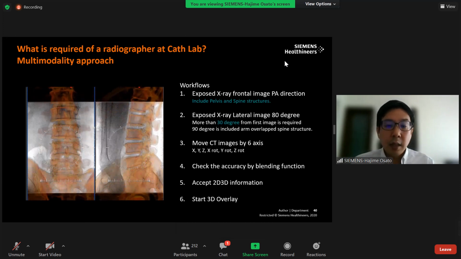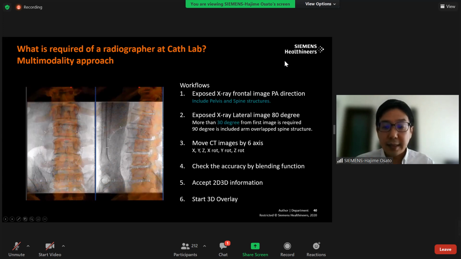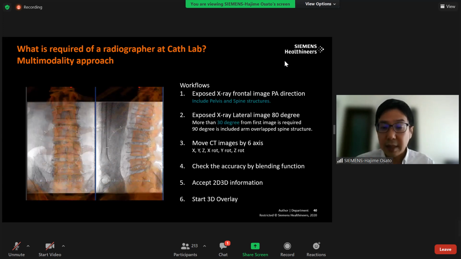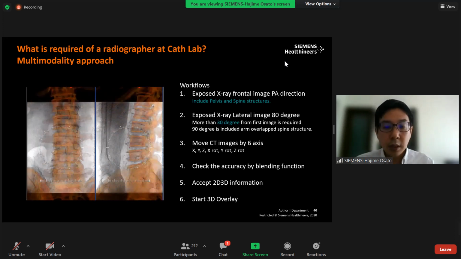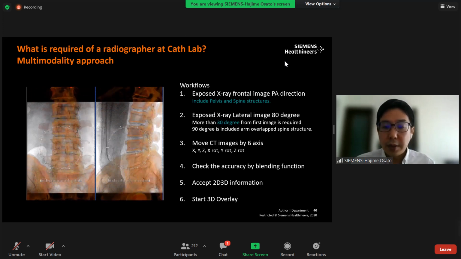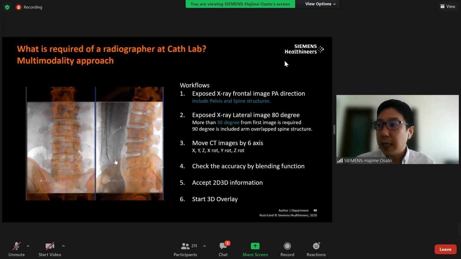Okay. The work steps are on your right. Two direction fluoroscopy, and adjust CT position on X, Y, and Z axis and each rotation. In this case, we also use the spine and the pelvis as a landmark. As you see, this fusion technique with another modality is quite helpful for the current trend in the clinical field.